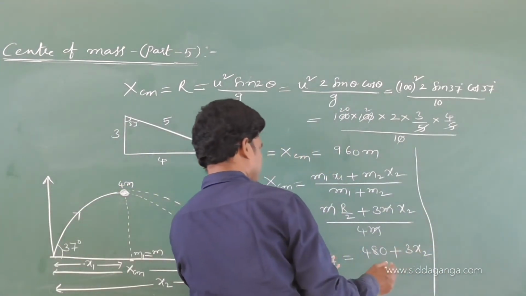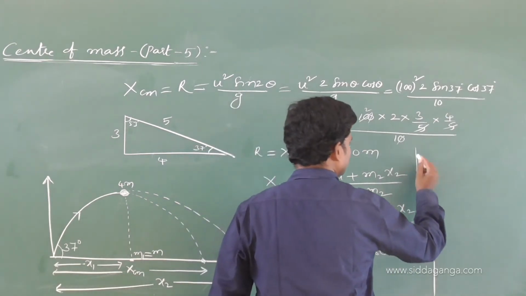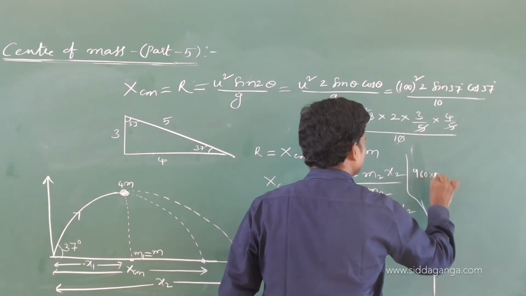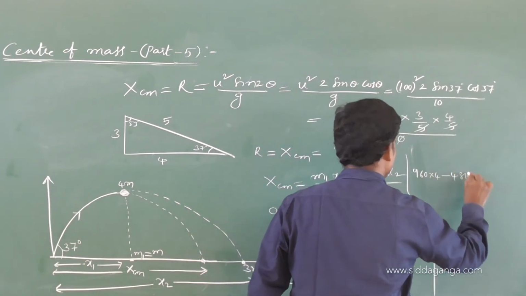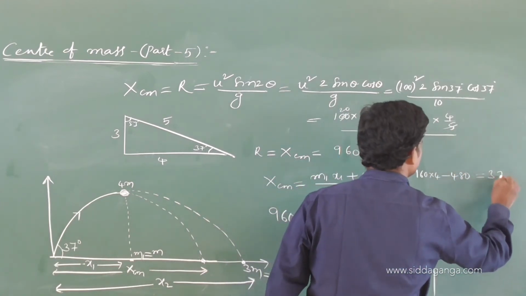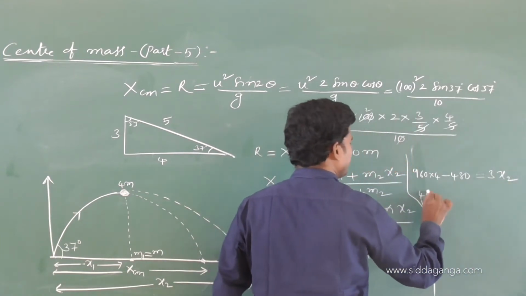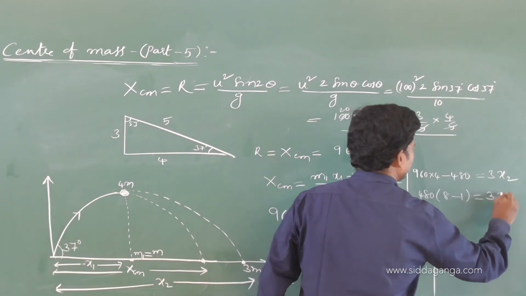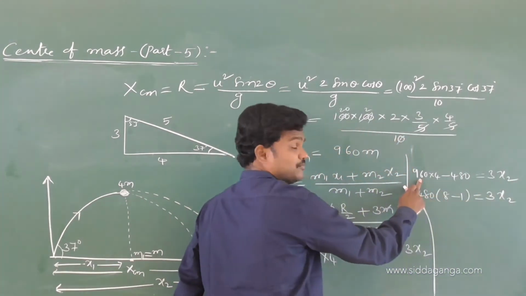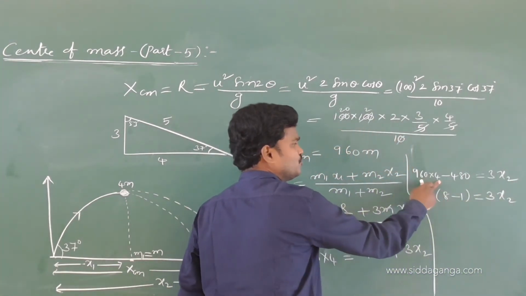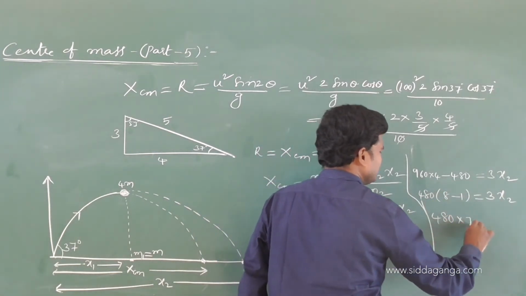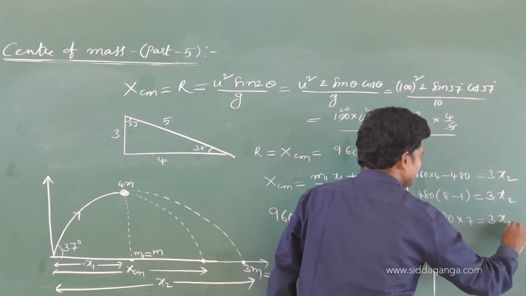So 960 into 4 minus 480 is equal to 3x2. Take 480 common. This is 8 minus 1, so 480 into 7 equals 3x2.